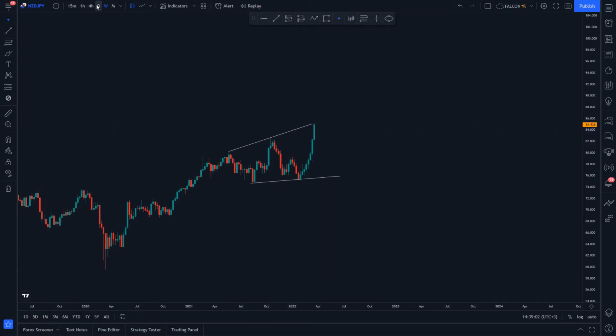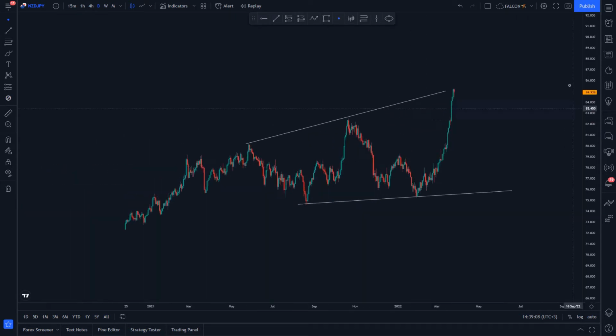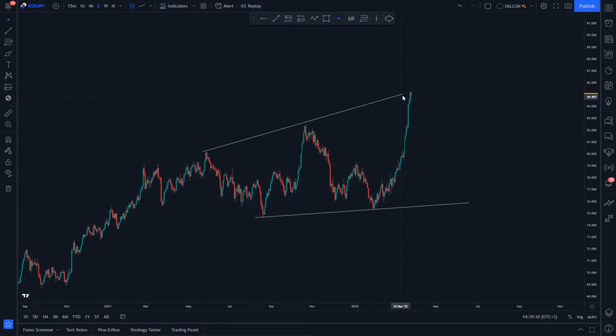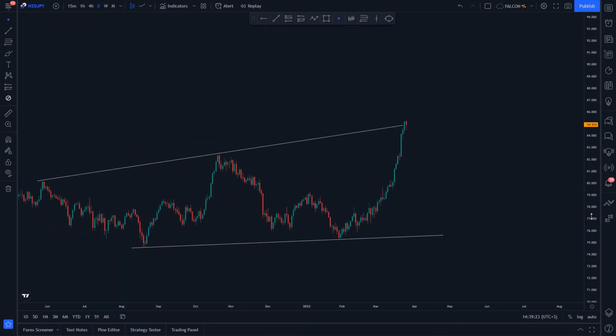Okay, if we go down to the daily chart, let's see. Yeah, we are currently at the third touch. Now all we are waiting for is the push to the downside, followed by a correction for confirmation for an entry.